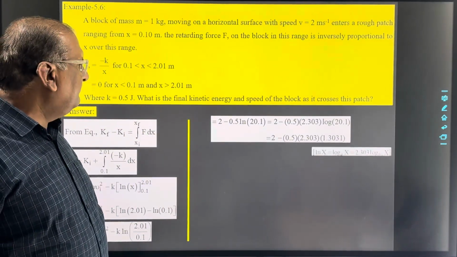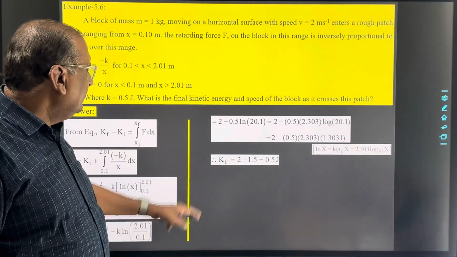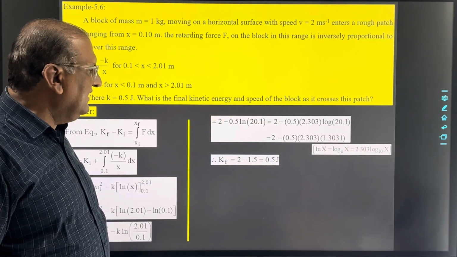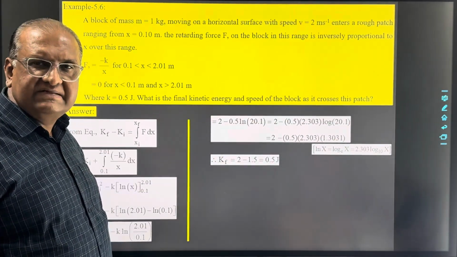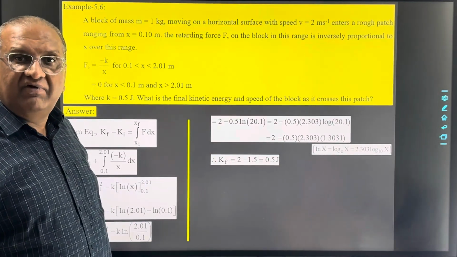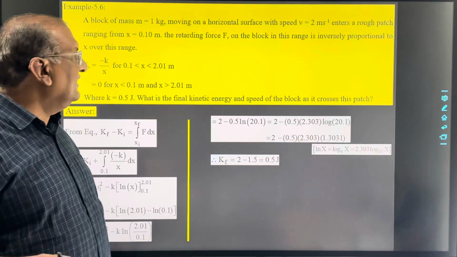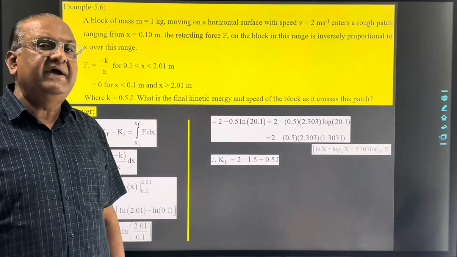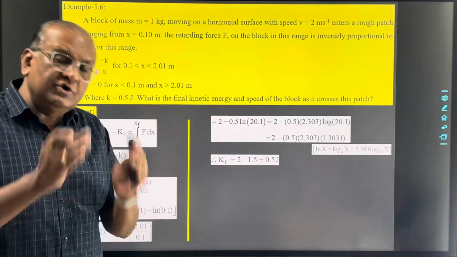Clear? So if we solve this one, then we will get the final kinetic energy, that is 2 minus 1.5, that is 0.5 joule.